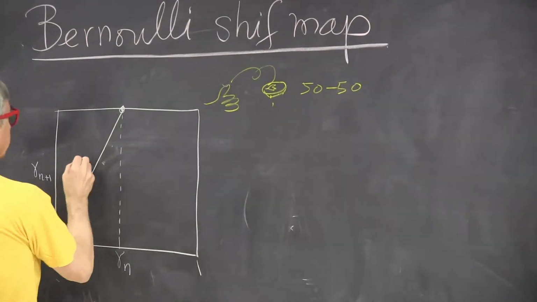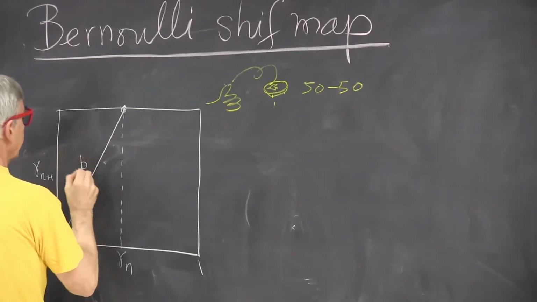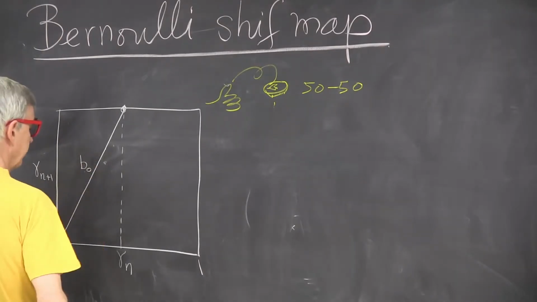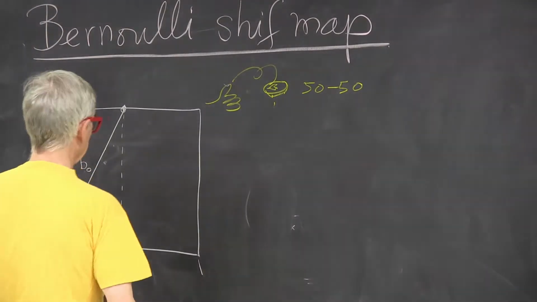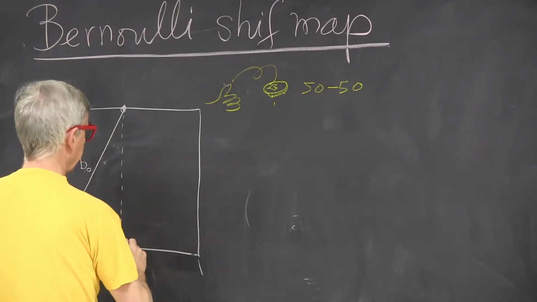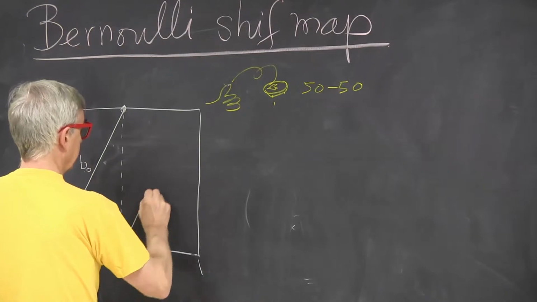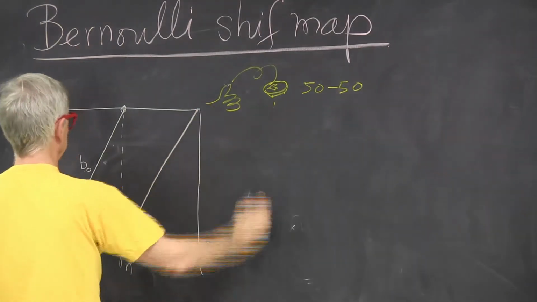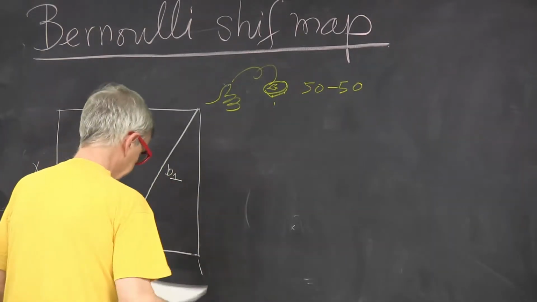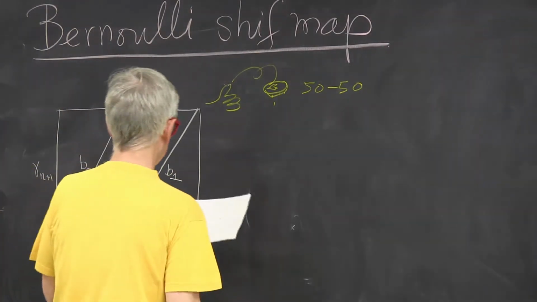And we'll call this branch of the function B for Bernoulli, B0 for the left part of the interval. But if you're in the right half of the interval, you also get stretched over the whole interval. We'll call this B1. So the formula is very simple.